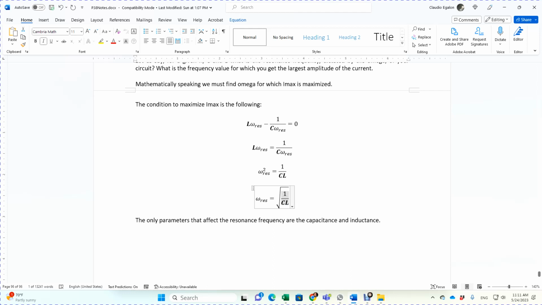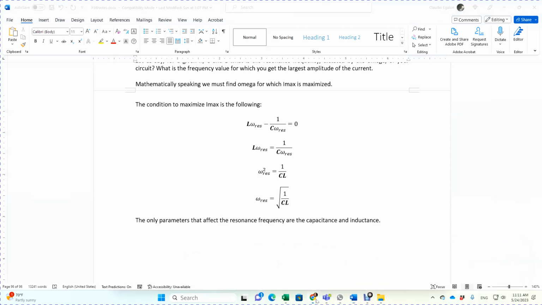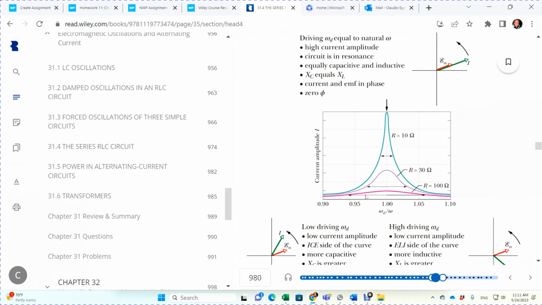And that's very important. That has very important practical applications, okay? Let me show you a graph of how it looks. That's the type of graph you get when you plot the current amplitude Imax versus omega d divided by omega.